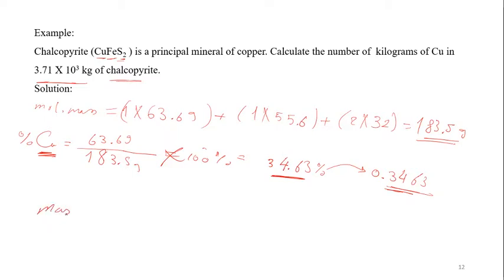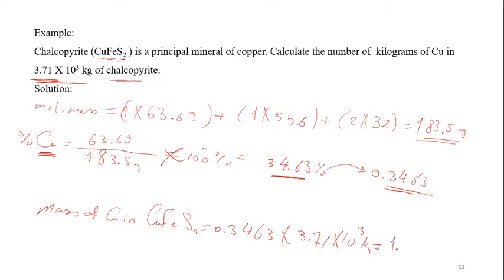So the mass of copper in chalcopyrite, CuFeS2, would be equal to 0.3463 multiplied by the mass of chalcopyrite, which is 3.71 multiplied by 10 to the power 3, and this would be in kilograms. This means the mass of copper in the chalcopyrite would be equal to 1.28 multiplied by 10 to the power 3 kilograms.